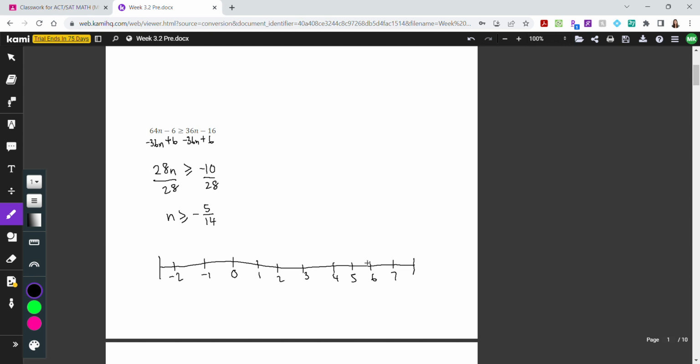I know that negative 5 over 14 is about, slightly more than, negative 0.5. So I know my point should be here. And because it's a greater than or equal to sign, I am going to use a solid dot.